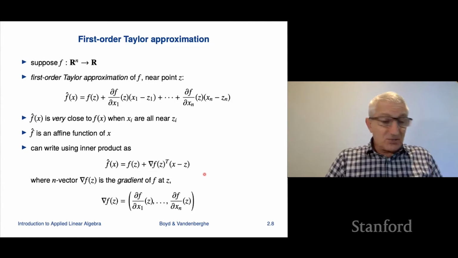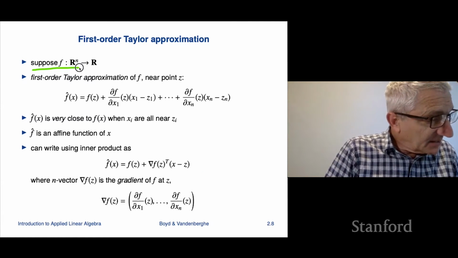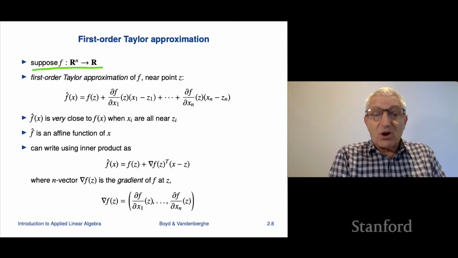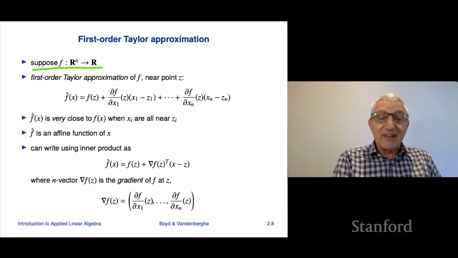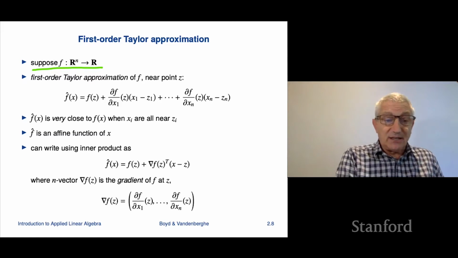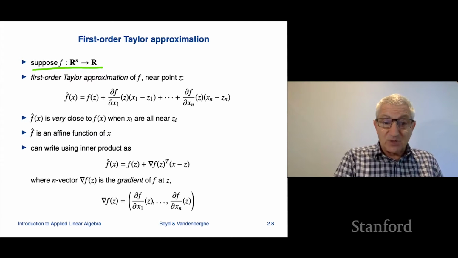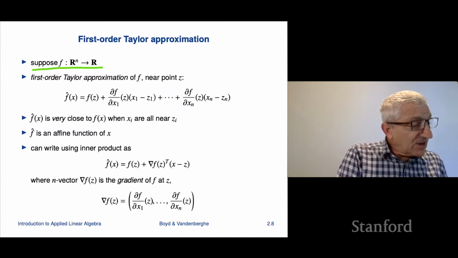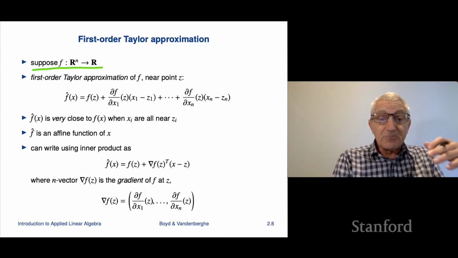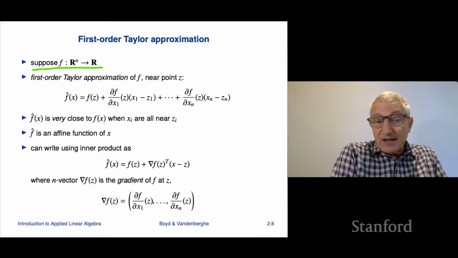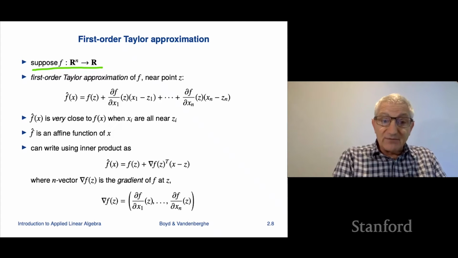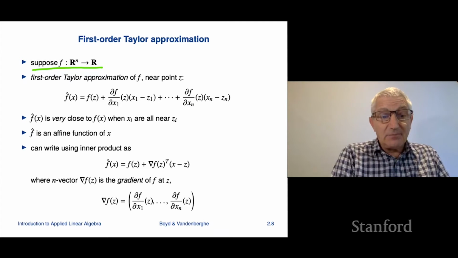So in the Taylor approximation, suppose you have a function f that maps Rn to R. Now Rn is the set of all n vectors. The way you should read this notation, which is universal mathematics notation, is that f is a function and it takes as an argument or input a vector, an n vector, so n real numbers, and then it returns or evaluates to a single number r as the result.